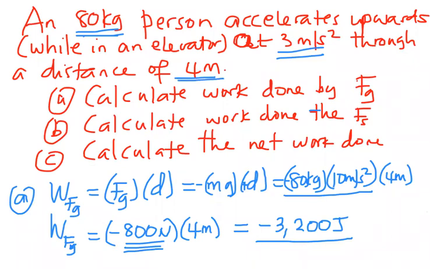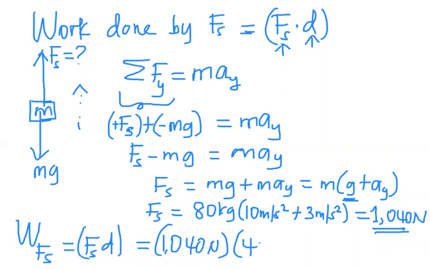The elevator rises 4 meters. They are both positive, they're going up. Displacement is positive and the support force is positive. So the work done by the support force is 4,160 joules. It is positive work.